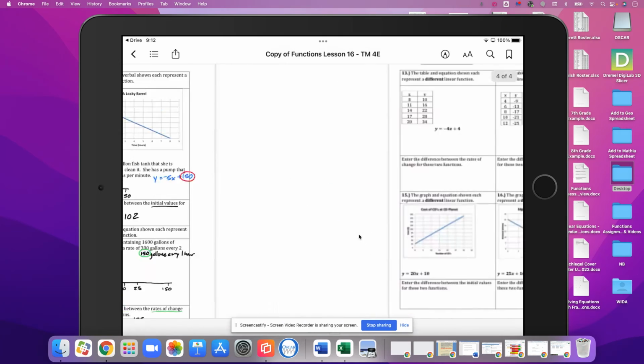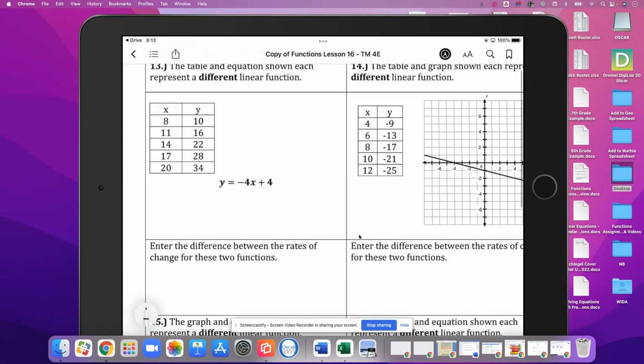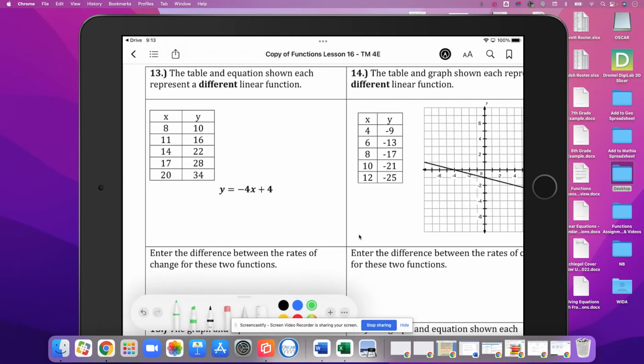Back with the last page of this wonderful thing. We have difference in rates of change for this one. So we'll start with the table. We're increasing by 6 on the right and increasing by 3 on the left.